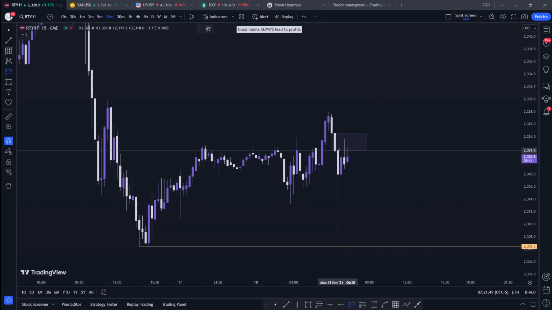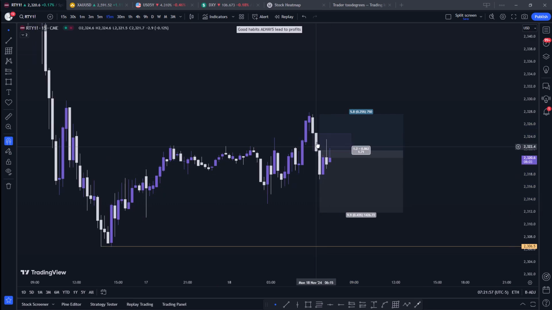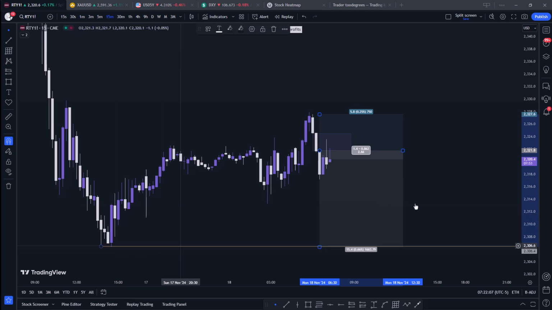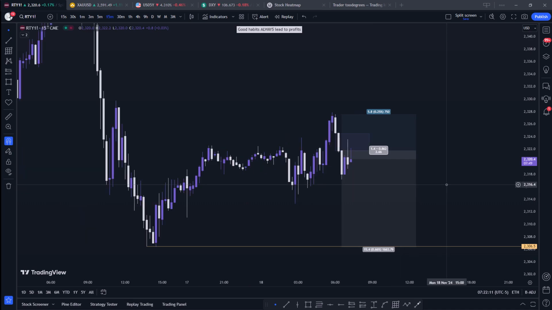We could have something like this, stop loss at the first candle that created the fair value gap, right? Remember, to create a fair value gap we need 3 candles. That's 1, 2 and 3. This is the first candle that started the creation of this fair value gap, and we can put our stop loss there, potentially aiming for the sell side liquidity over there, and this could be our trade, right? Something like this. Nothing wrong with that at all.